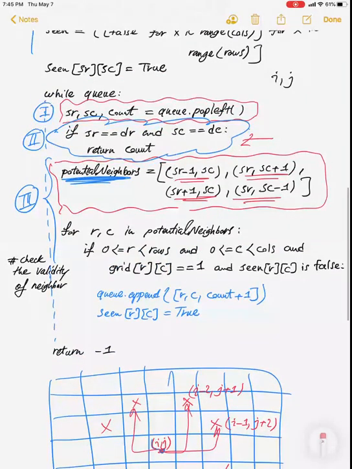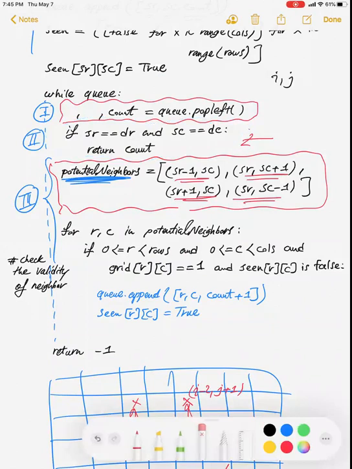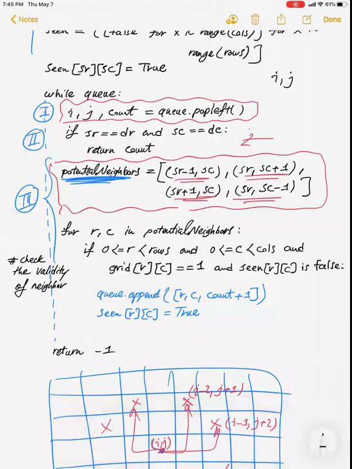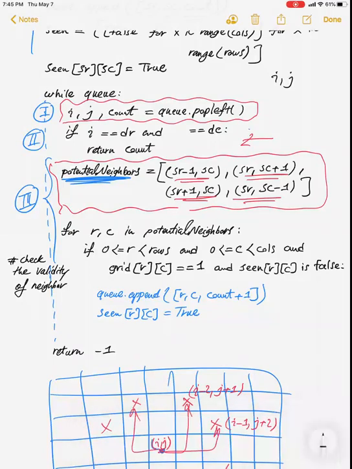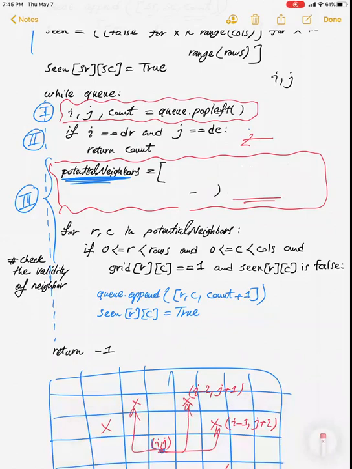And actually, let me change these to I and J to make it easier. Because I want to write the code a little faster, I, J. And here, I want to update these. Let's say we have this change. But I saw lots of people get confused when we change the definitions.